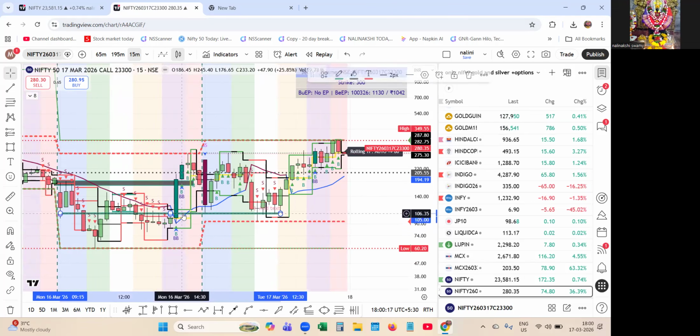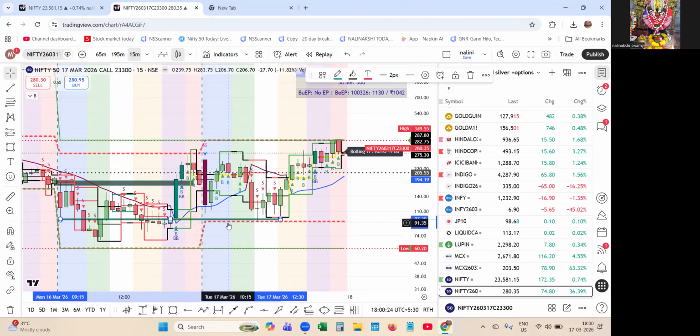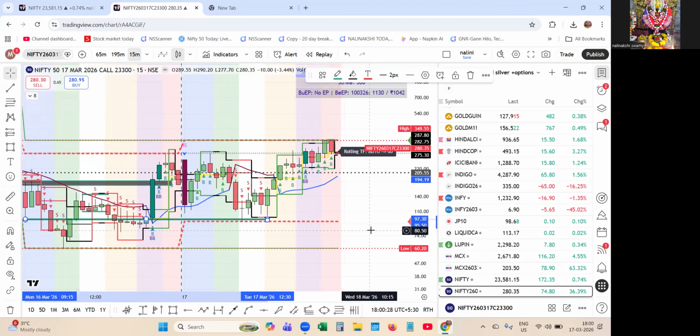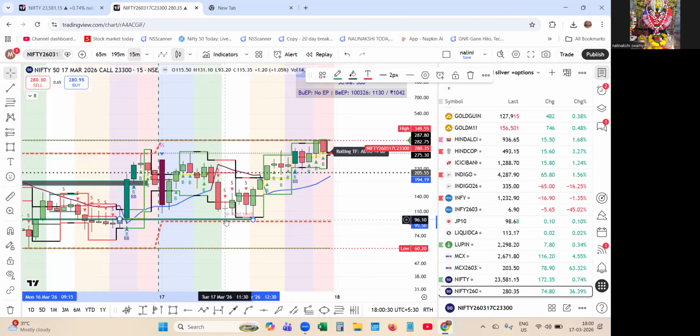This is the 1 minute. This is the low of the first hour, high and low of the previous day. See, can you see so beautifully the market taking the support at 96 rupees?